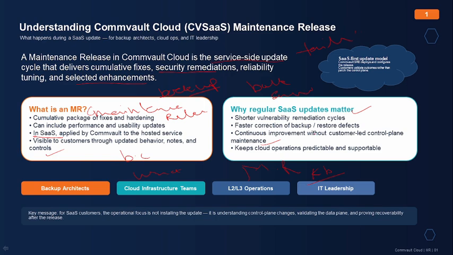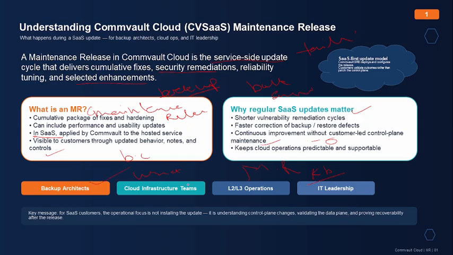That means without touching the customer environment. If you are using Commvault as a backup tool in SaaS, your involvement is zero. You just need to monitor it. It keeps cloud operations predictable and supportable.